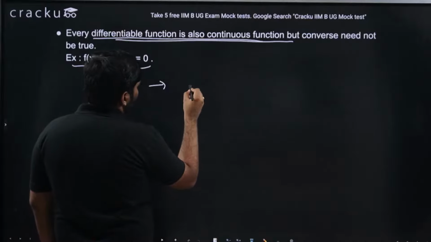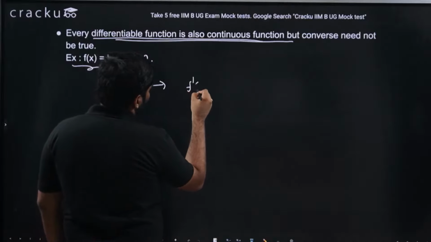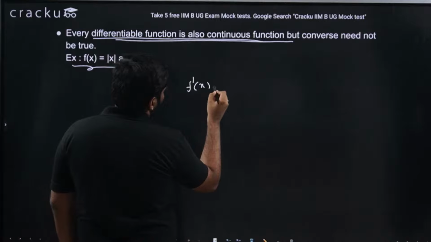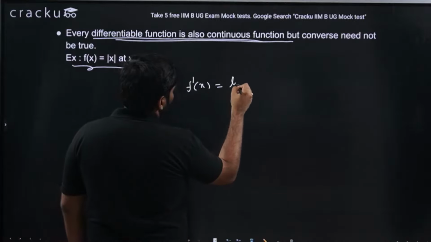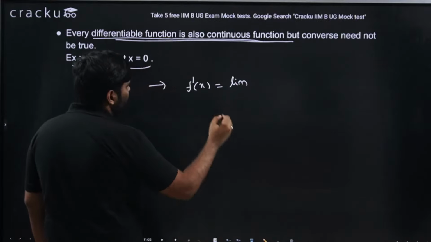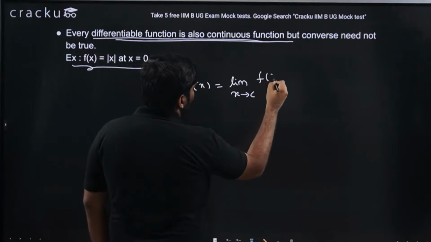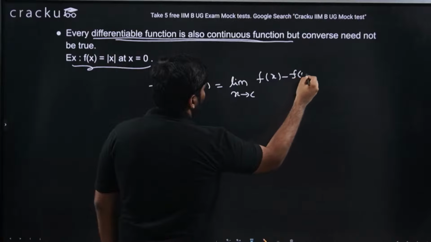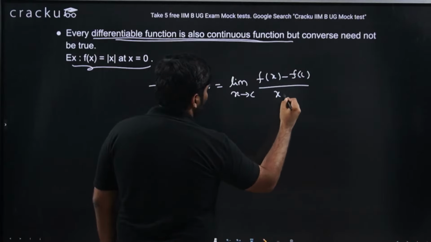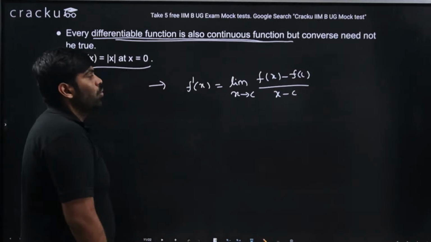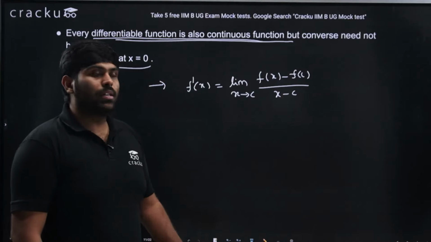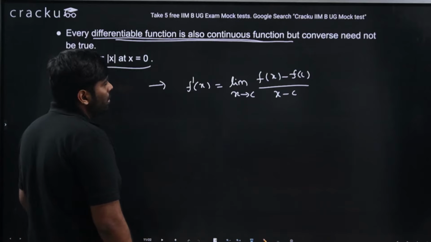If a function is differentiable, it is saying that every differentiable function is also a continuous function. So we could write f dash of x is equal to nothing but the limit x tending to c of [f(x) minus f(c)] by [x minus c]. Both are the same ultimately. Why is it the same?